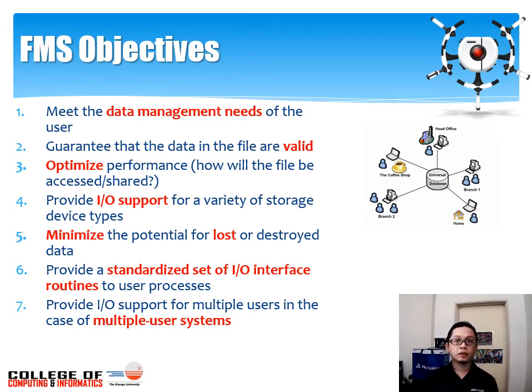It also has a record checking capability to ensure that the data in the file are valid and optimized, to ensure that there are no duplicates of data, to have proper I/O support for a variety of storage data types, and to minimize potential loss by usually providing backup of the data, and a standardized set of I/O interfaces to enable the user to easily identify what type of application this data can be used for. And lastly, it provides I/O support for multiple users in the case of a multiple user system.